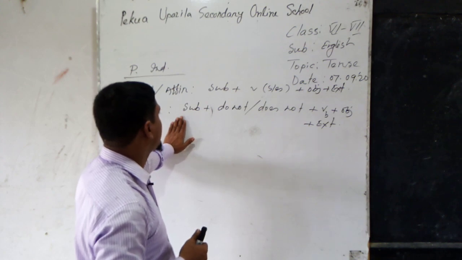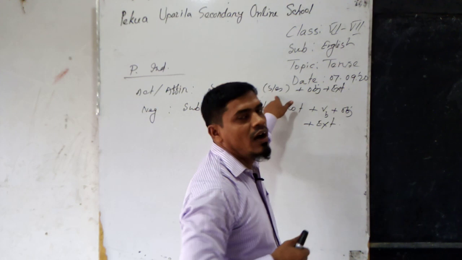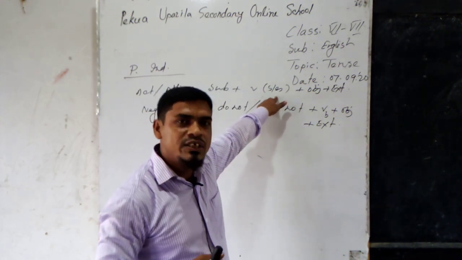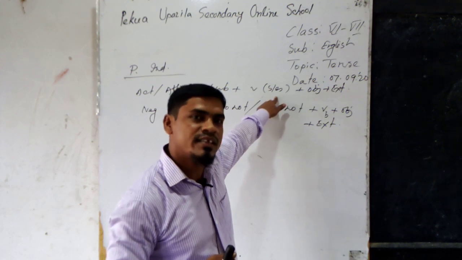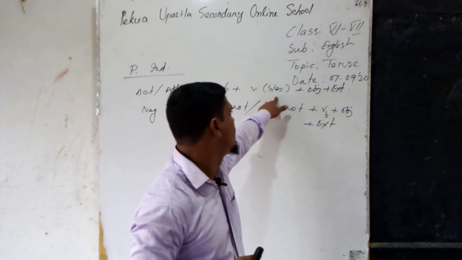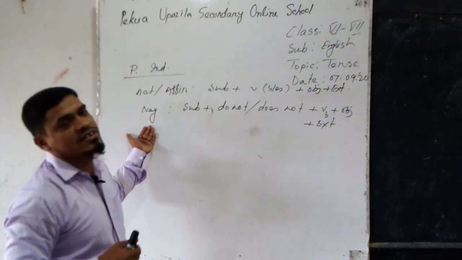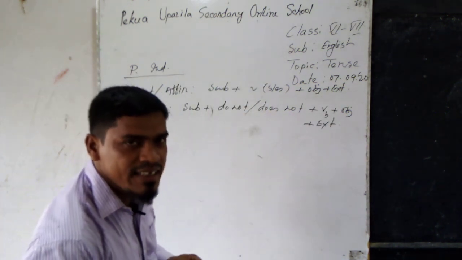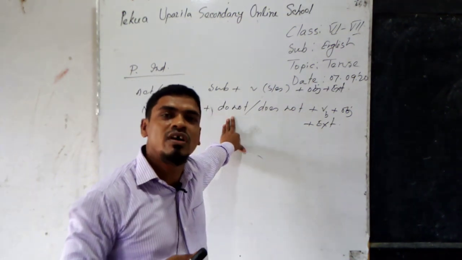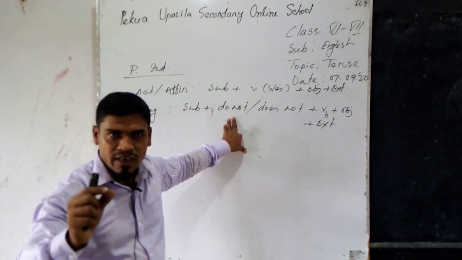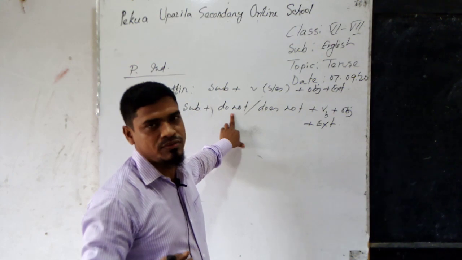Again, I try to clear it. Subject plus verb. Sometimes we need s or es with verb when the subject is third person singular number. Then object plus extension. And the negative structure of present indefinite is subject plus do not. When we use do not, the subject is plural, the verb must be plural, then we use do not.